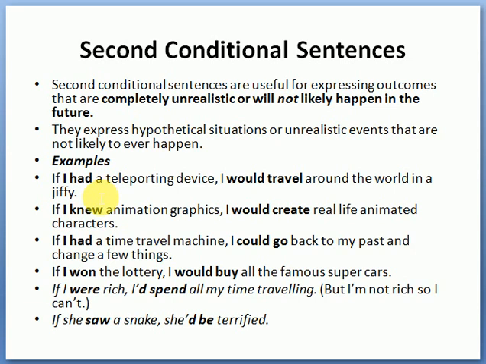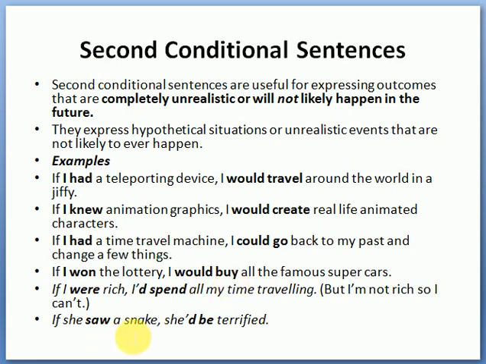You see that in the if clause this is the simple past tense, whereas in the main clause there is a modal auxiliary plus the first form of the verb. If I had a time travel machine, similarly the if clause uses the simple past, I could go back, a modal auxiliary plus the first form of the verb. If I won the lottery, if clause, simple past, I would buy, modal auxiliary plus first form of the verb.